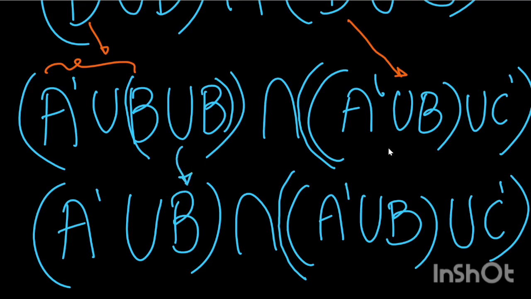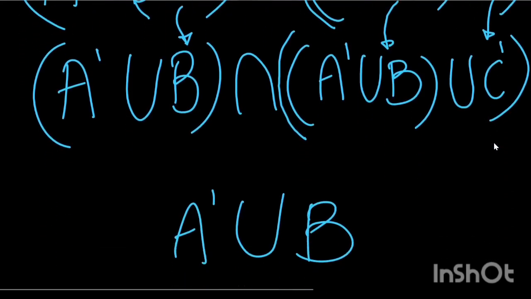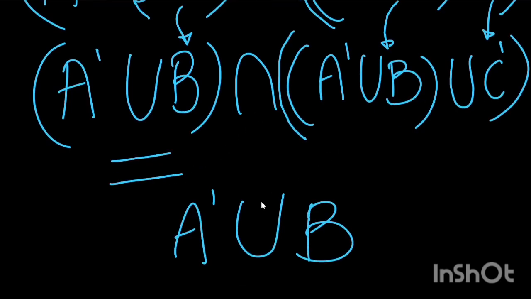Okay, here A union B is as it is, C dash is as it is, no change in the second expression. Okay, now this is equal to A union B intersection A union B union C dash is A dash union B.